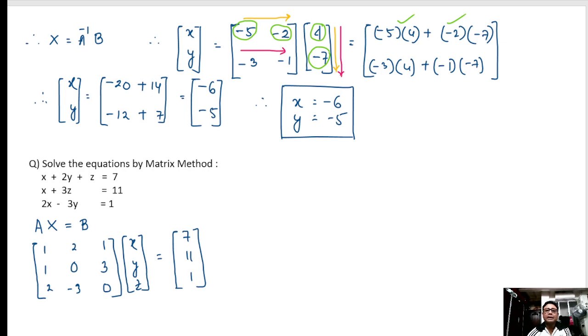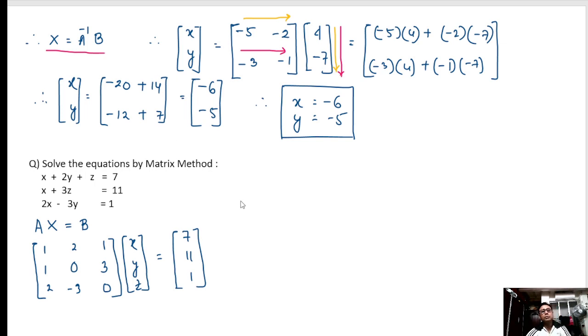Second, take -3 into 4 plus -1 into -7. Calculating this, we get -20 plus 14, which is -6, and -5. That means our X is -6 and Y is -5. Clear? X is -6, Y is -5.